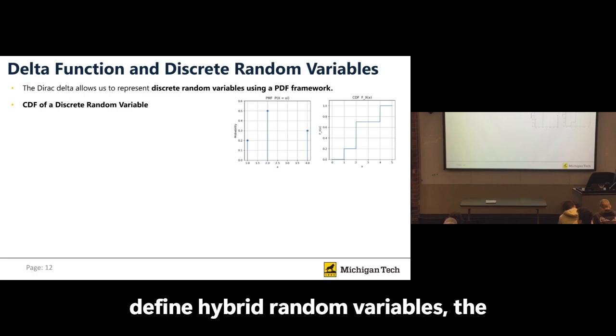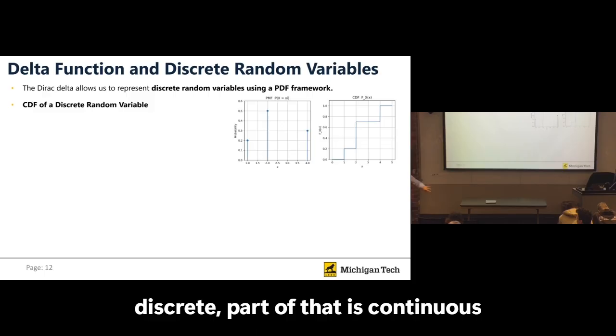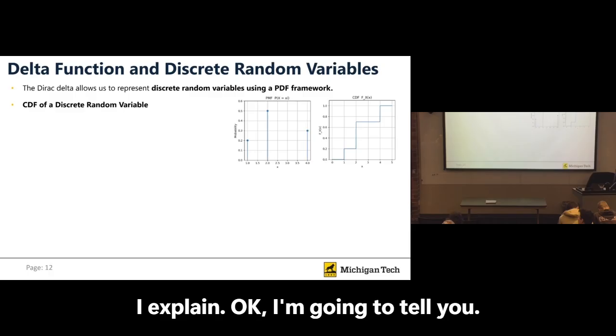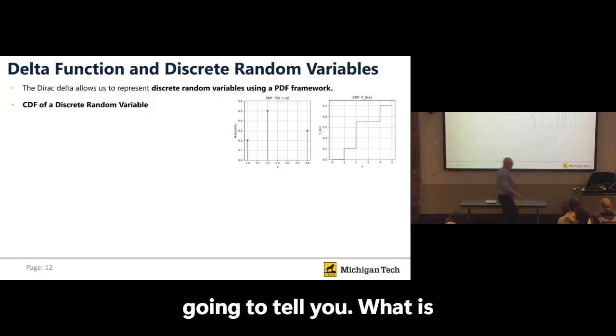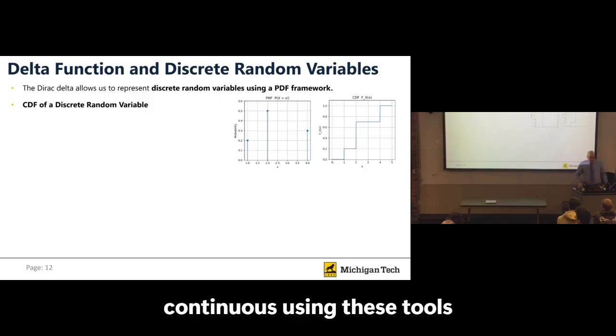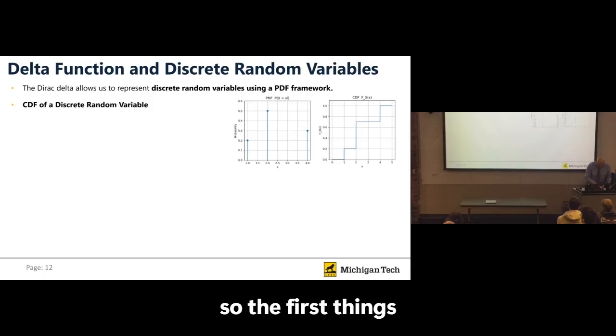Because we want to define hybrid random variables, random variables where part is discrete and part is continuous. How can we model that? I'm going to tell you what the relationship between discrete and continuous is, using these tools that we explained.